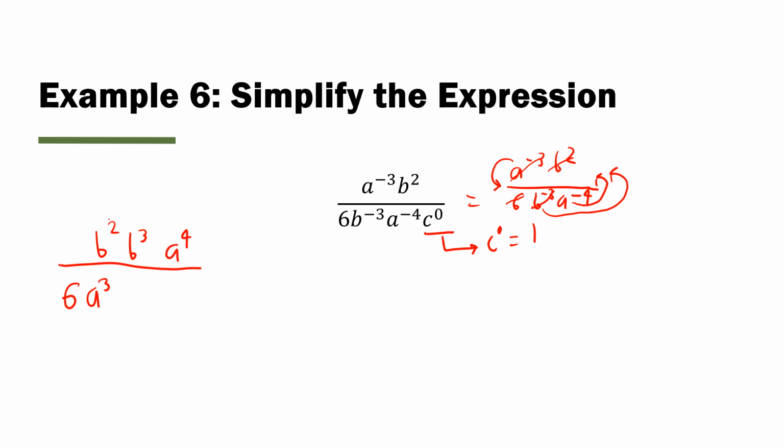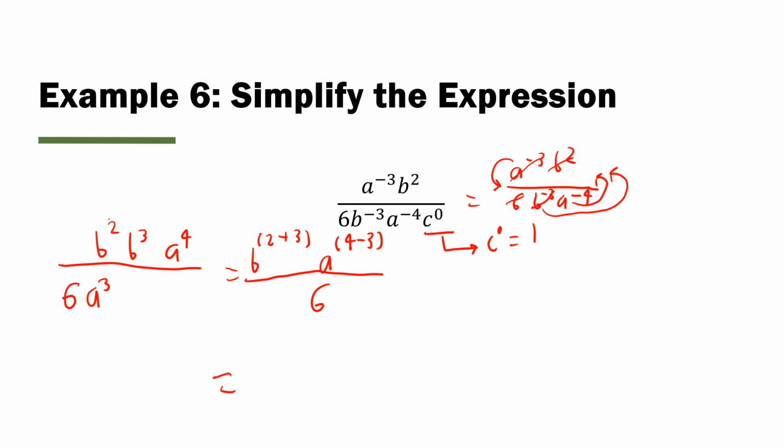So this b squared times b cubed can become b to the power of 2 plus 3. And then this a to the power of 4 divided by a to the power of 3 can become a to the power of 4 minus 3. All of this is still being divided by 6.